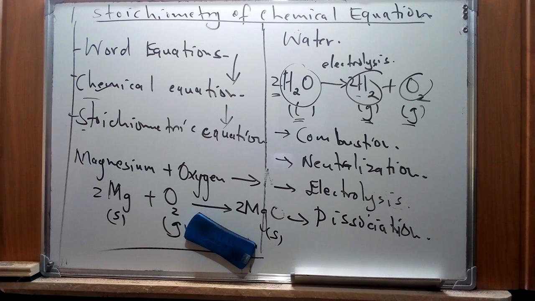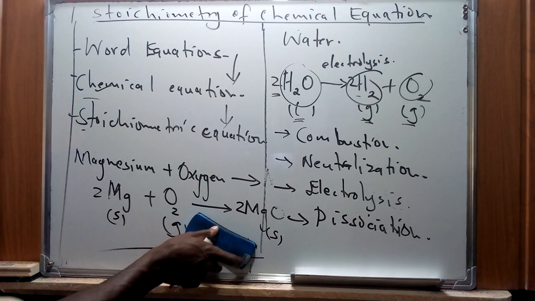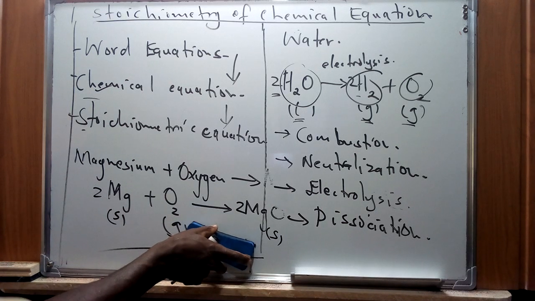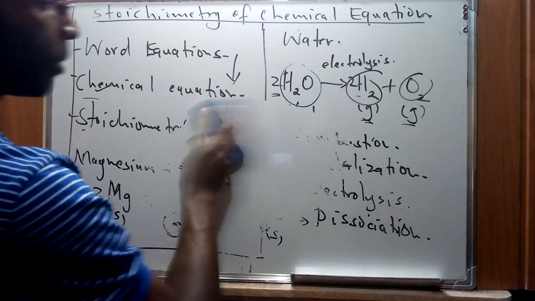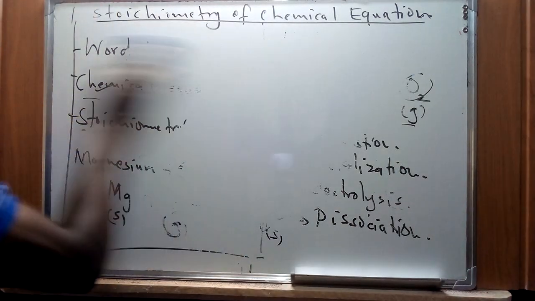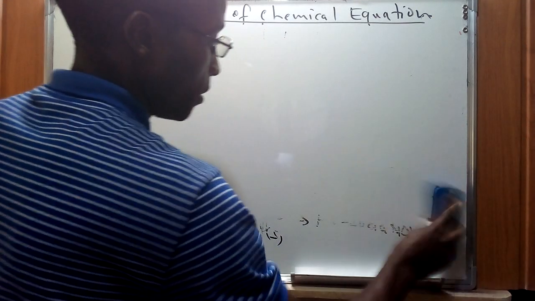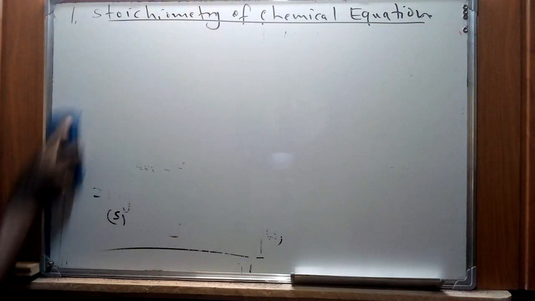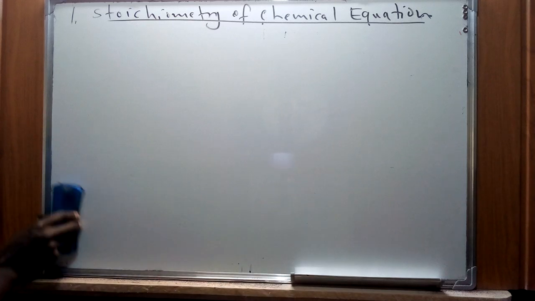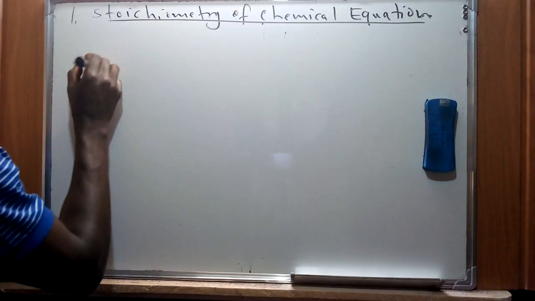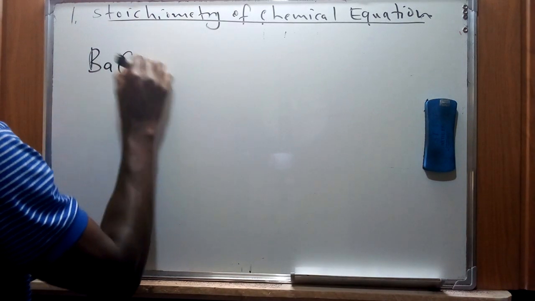So in any case, maybe if we are told to balance an equation of the reaction between barium carbonate and hydrochloric acid. Now if we are required to write a reaction between barium carbonate and hydrochloric acid, we're going to have a symbol for barium carbonate represented.